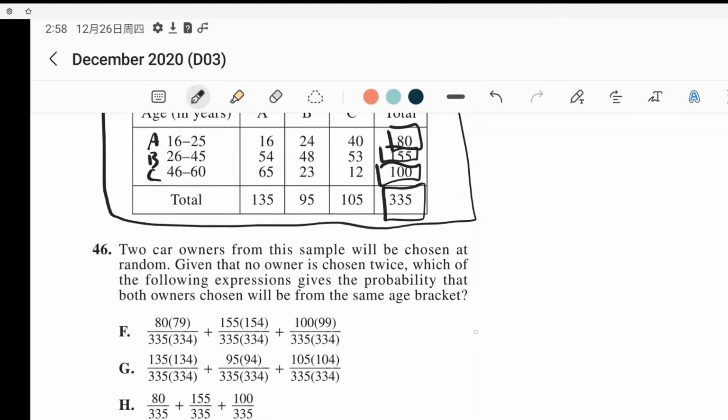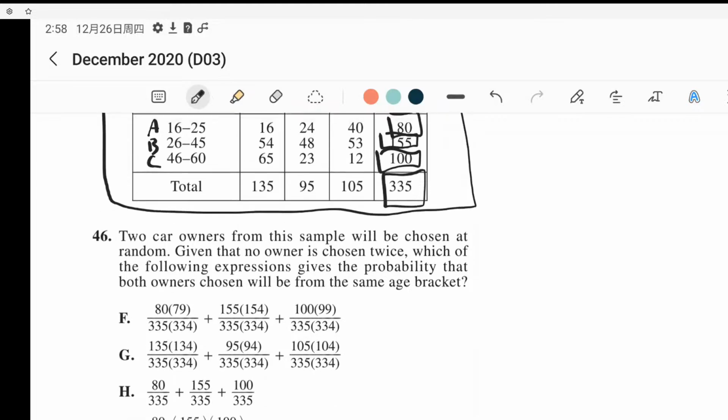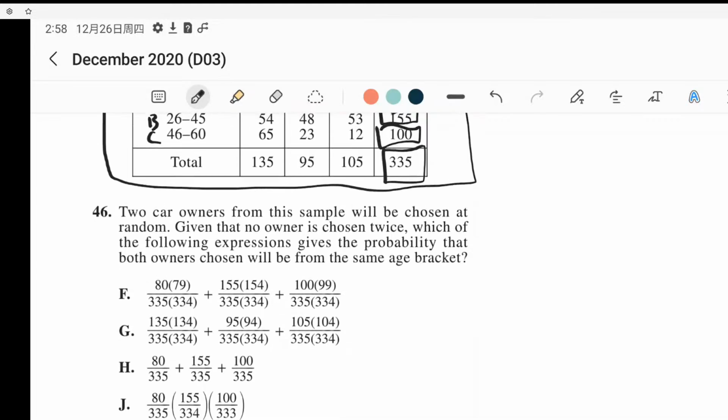So if we chose one from A, we will have 79 people left. And if we chose one from B, we will have 154. And if we chose one from C, we'll have 99 people left.